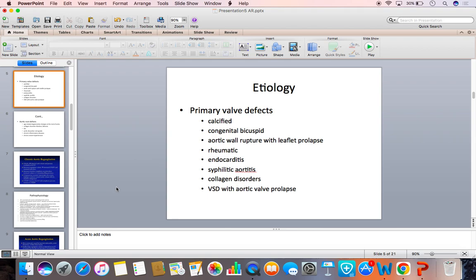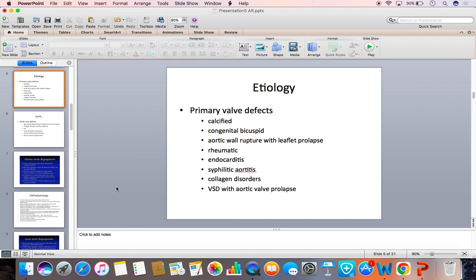To touch on some more aspects, a calcified aortic valve is again a cause of aortic regurgitation. Aortic valve rupture with leaflet prolapse is one of the valvular causes. Then VSD with aortic valve prolapse.